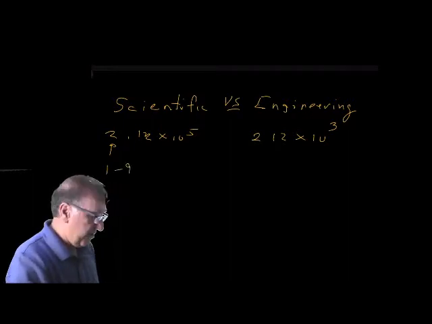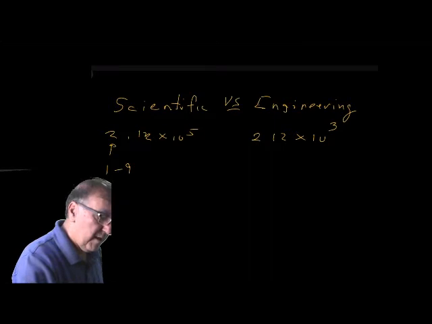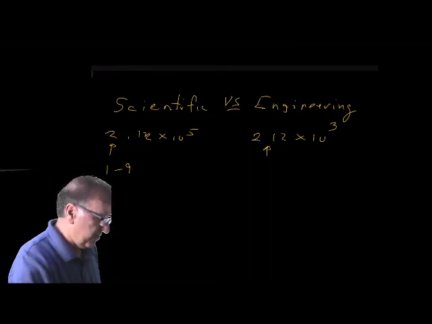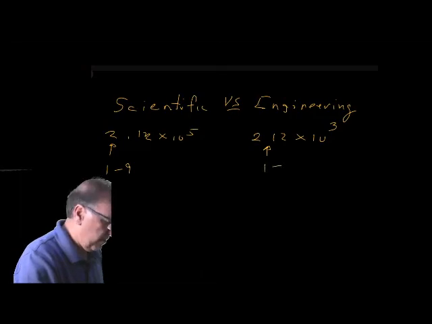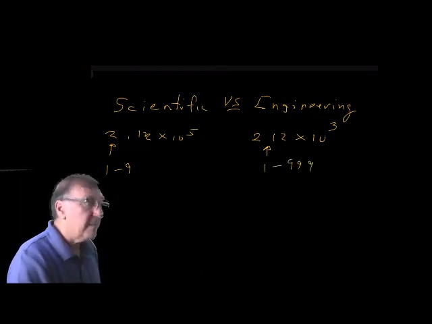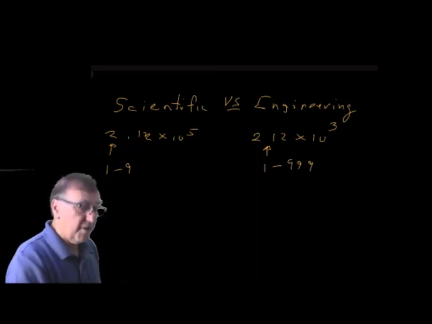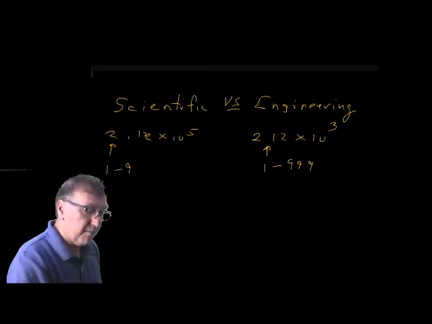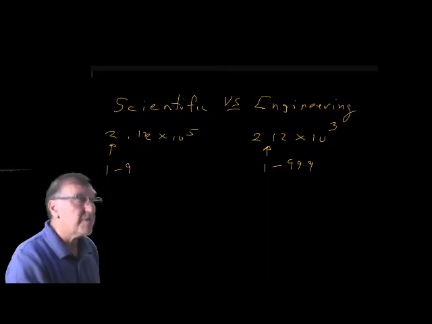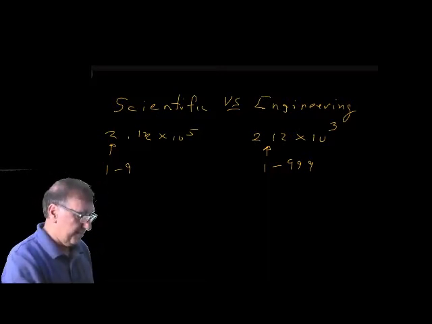In engineering notation, there would be 3 digits, or up to 3 digits, I should say. It would be 1 to 999, and you can see the powers change because of where the decimal point is. In the case of engineering, you move it 2 more places to the right, and so that reduces the power of 10.